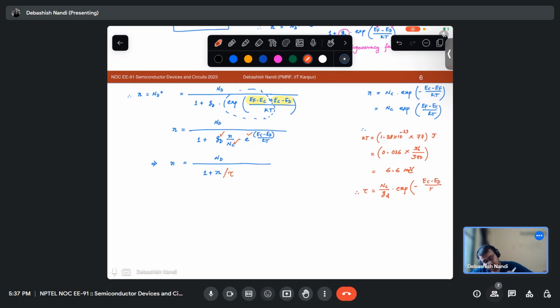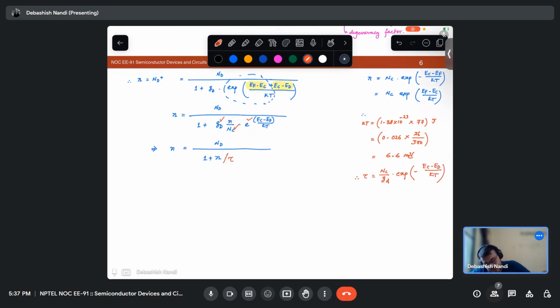Now if I multiply this through, I get N plus N square by tau equals Nd, or tau N plus N square equals tau Nd. So N square plus tau N minus tau Nd equals 0.